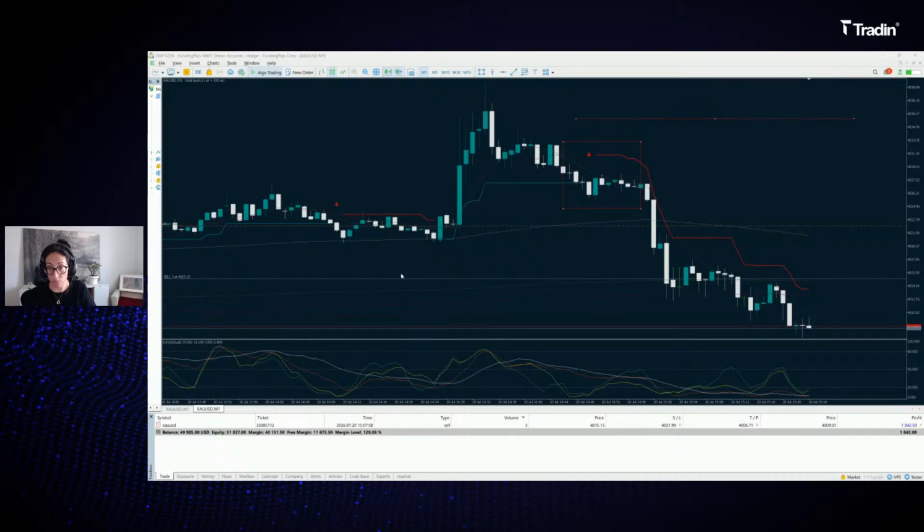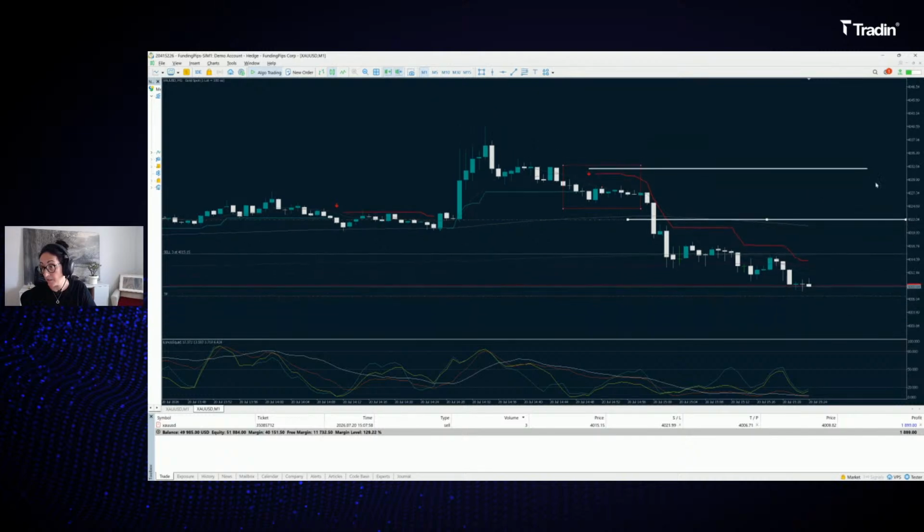Now, white. So this is my stop loss there, and this is my take profit. It's about to hit my take profit, but who knows?